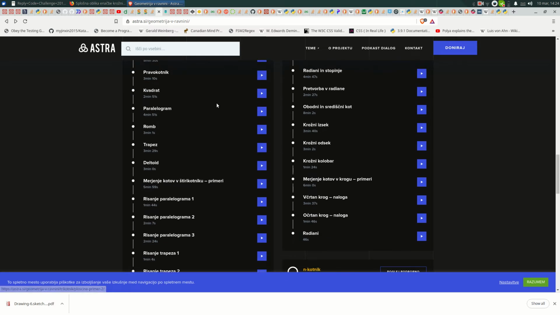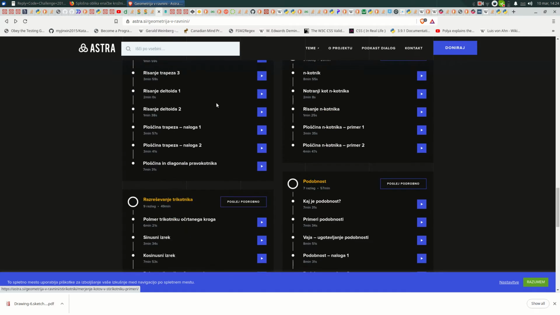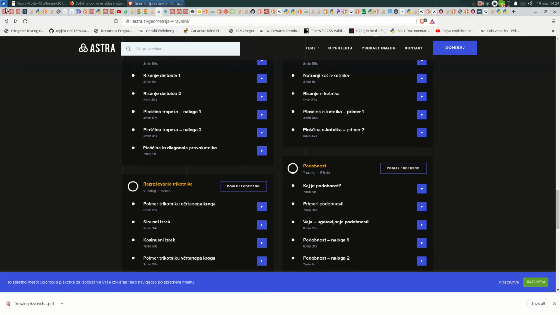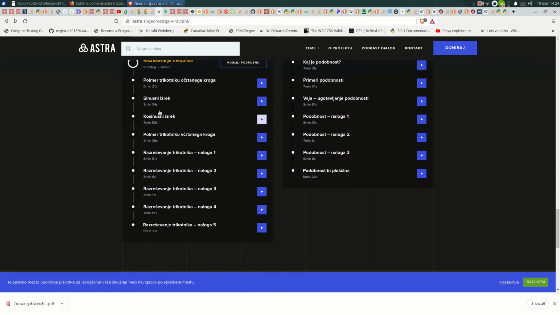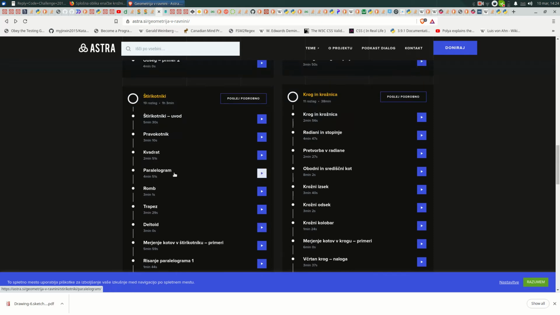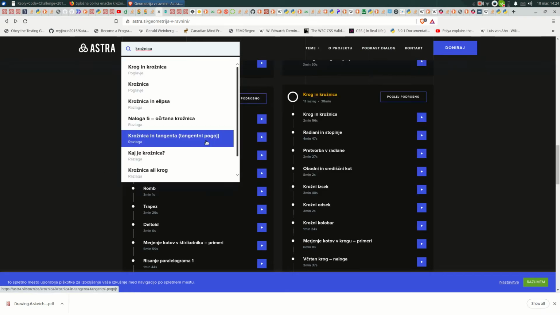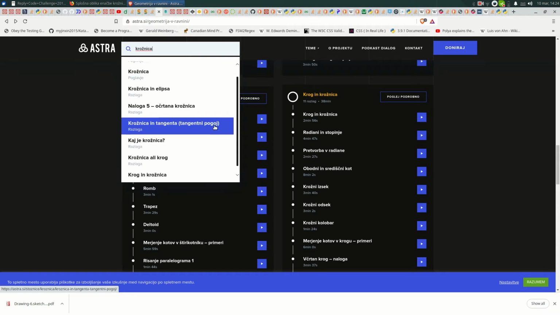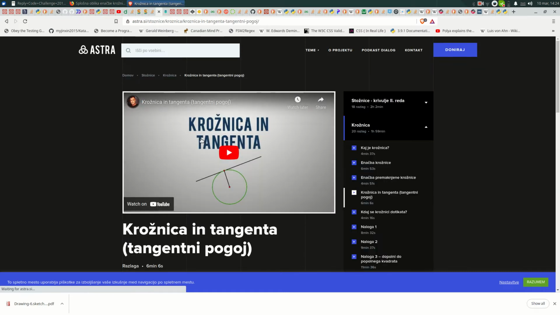Krožnica, krožnica ali krog, krog in krožnica. Razlaga poglavje.